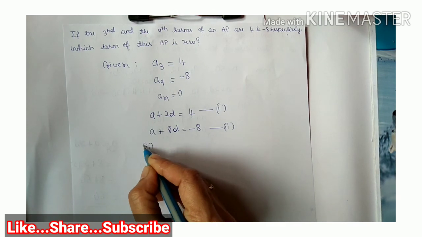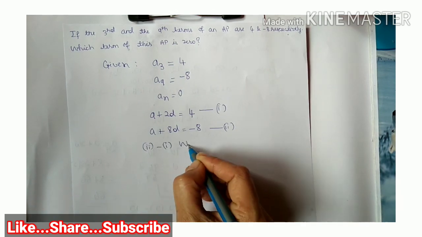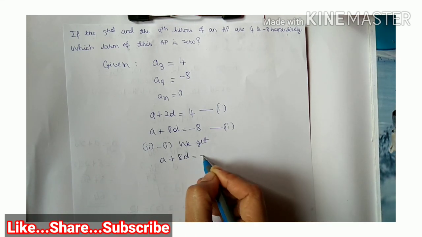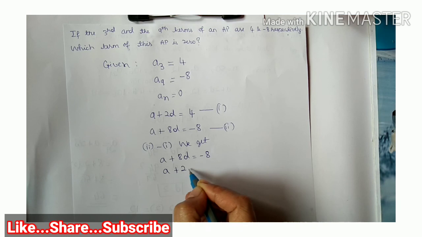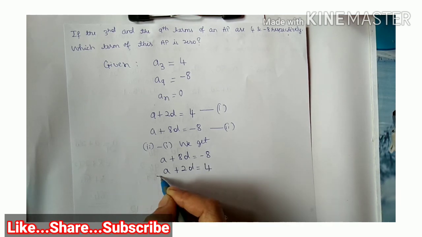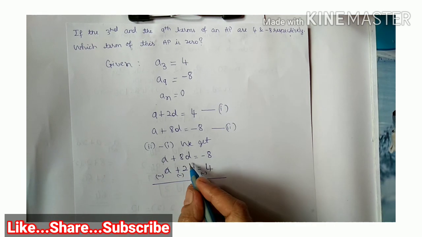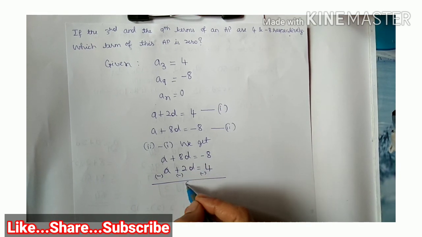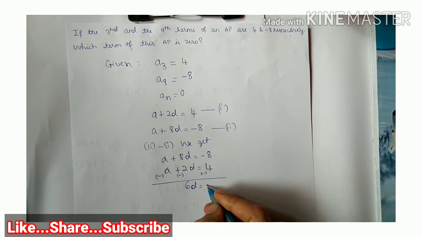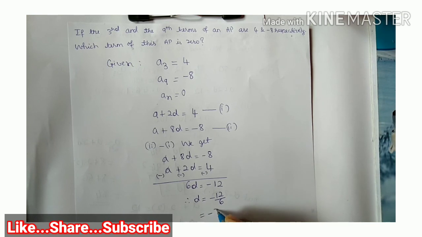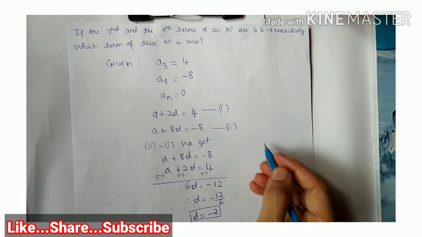Equation 2 minus equation 1, we get a plus 8d is equal to minus 8, a plus 2d is equal to 4. 8d minus 2d, 6d, is equal to minus 12. Therefore d is equal to minus 2.